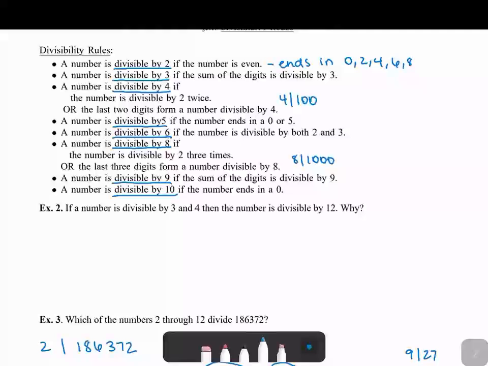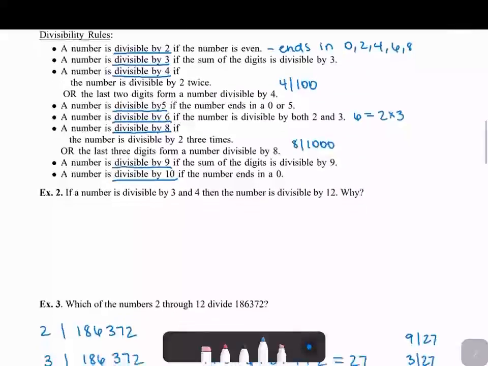And what did we say for 6? We said for 6 that 6 equals 2 times 3. And the only multiples of 2 and 3 that overlapped were the multiples of 6. That's exactly the same here. So 12 equals 3 times 4.